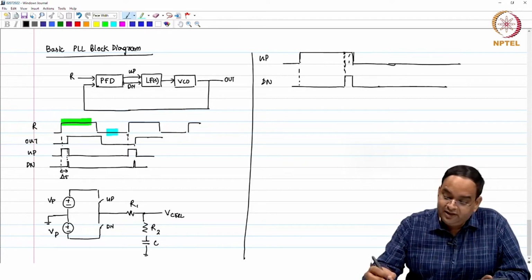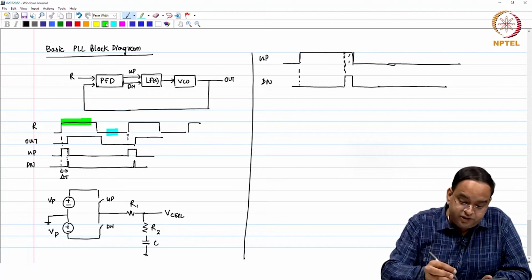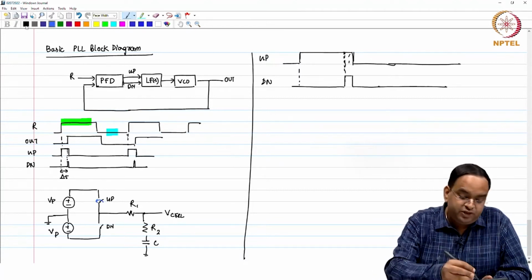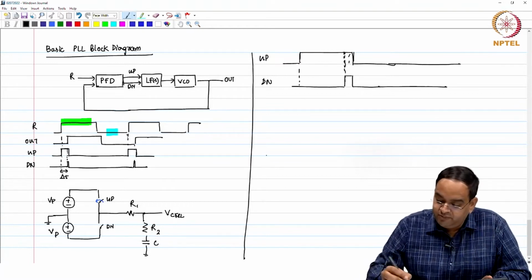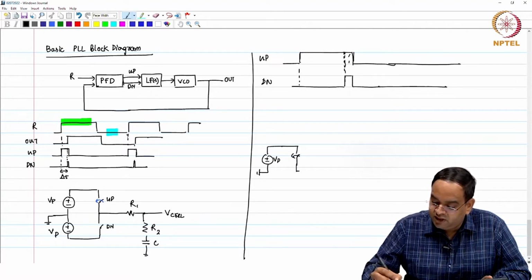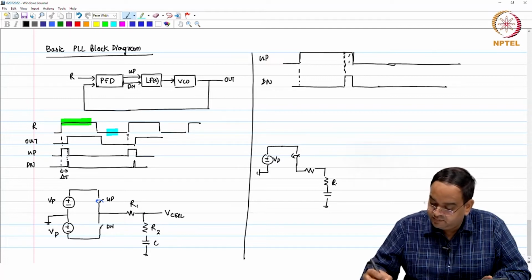When the up signal is high, the switch which is controlled by the up signal gets closed. When the switch gets closed, your circuit becomes like this. The switch is closed, you have this as ground, Vp connects through the closed switch to R1, R2 and C. This is V control.